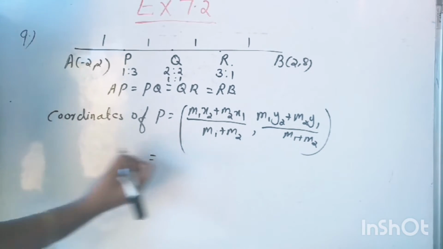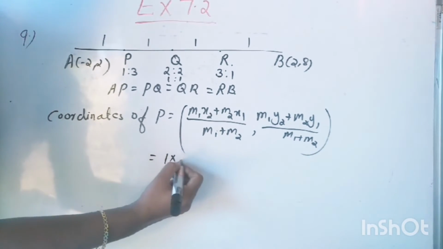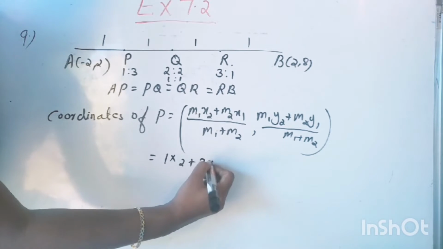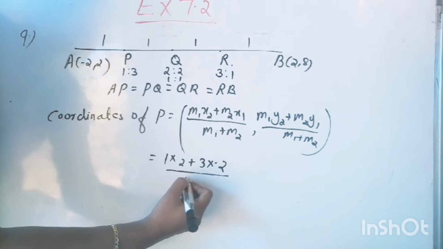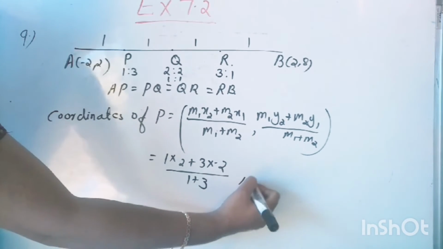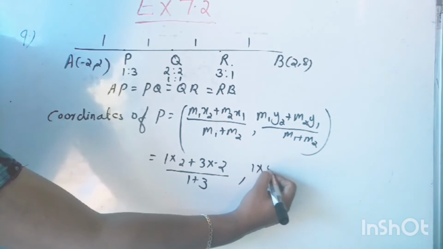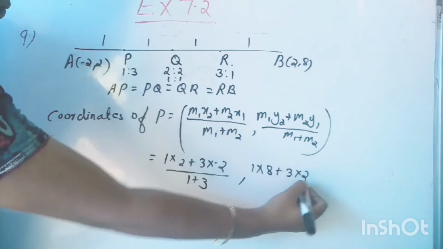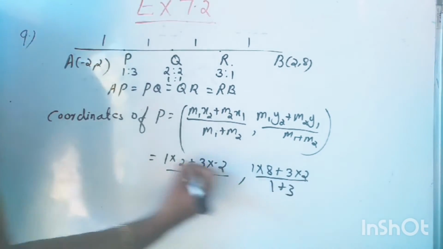Okay, so this is equal to 1 into 2 plus 3 into -2 all divided by 1 plus 3, comma 1 into 8 plus 3 into 2 all divided by 1 plus 3.